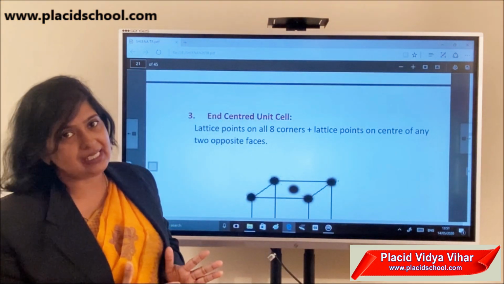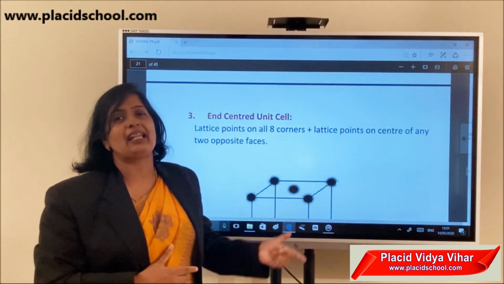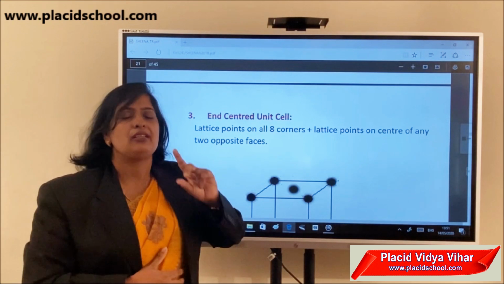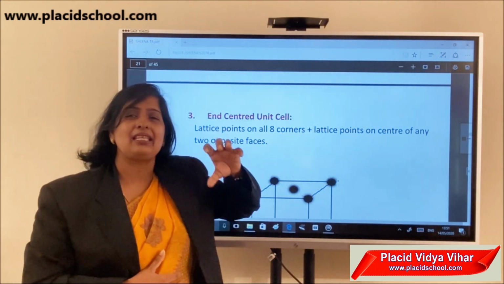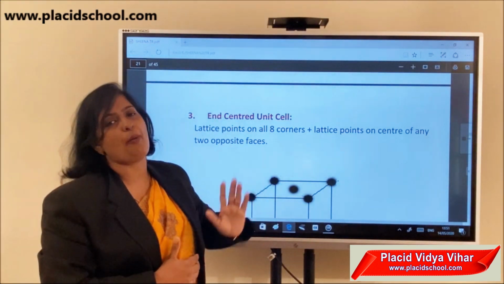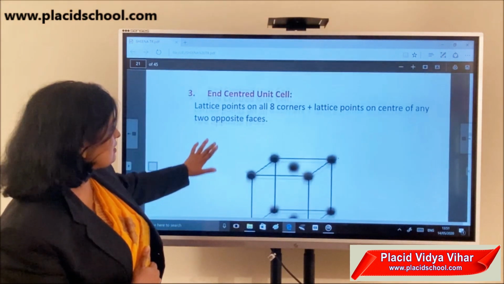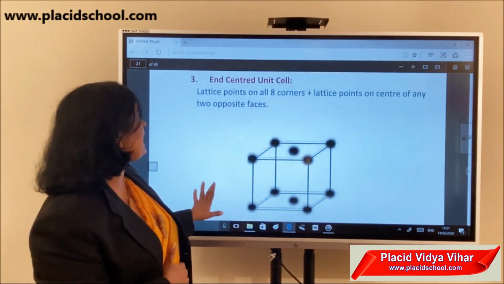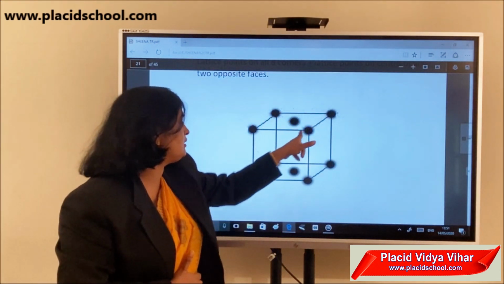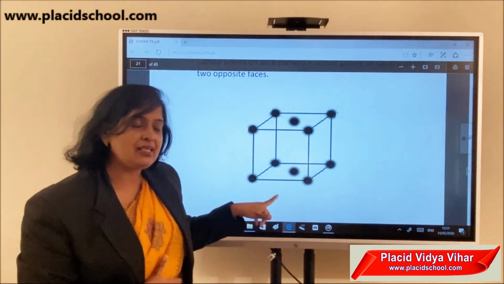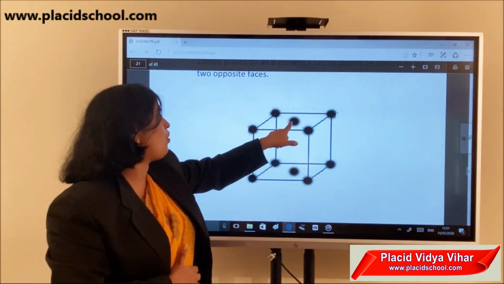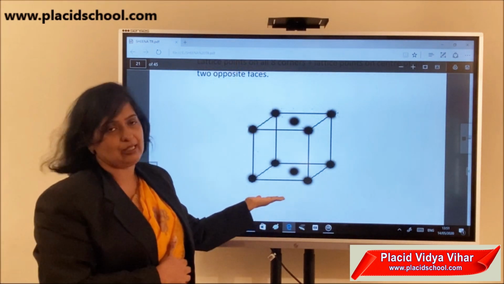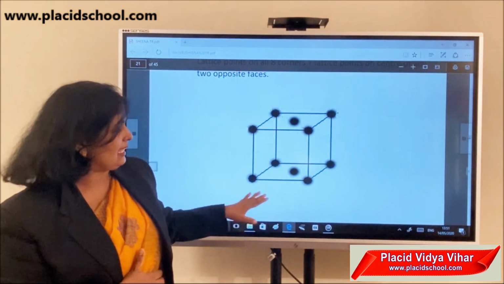End-centered unit cell means particles are present at the 8 corners of the unit cell plus particles are seen at the center of any 2 opposite faces. Here we can see this is an end-centered unit cell. Here the corner positions are occupied with particles, plus one particle is seen at the center of this face and its opposite face at the bottom, and one particle is seen there.